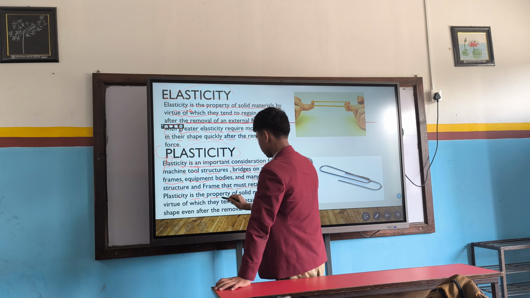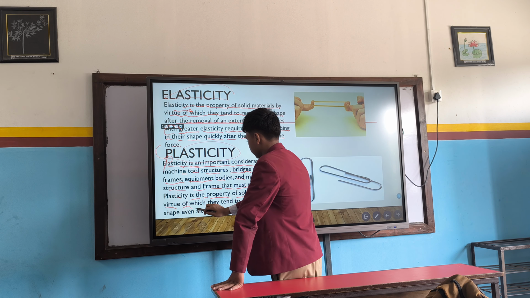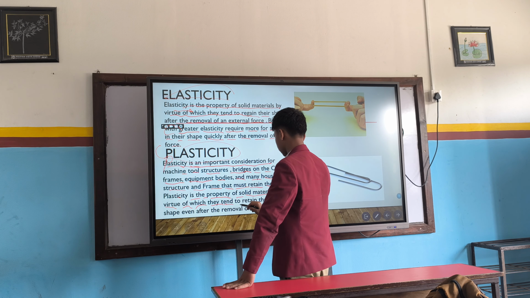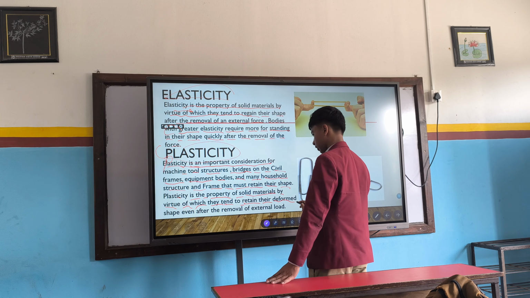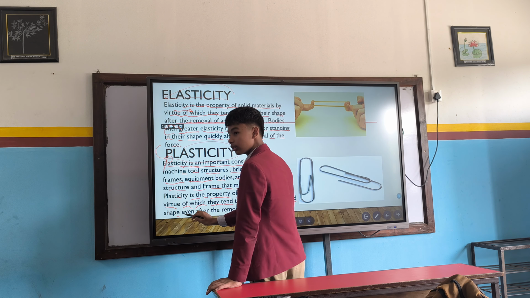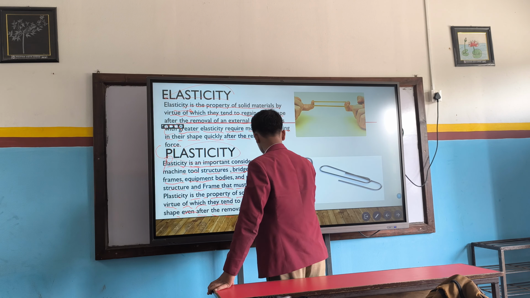Plasticity is the property of solid materials by virtue of which they tend to retain their deformed shape even after the removal of the external load.